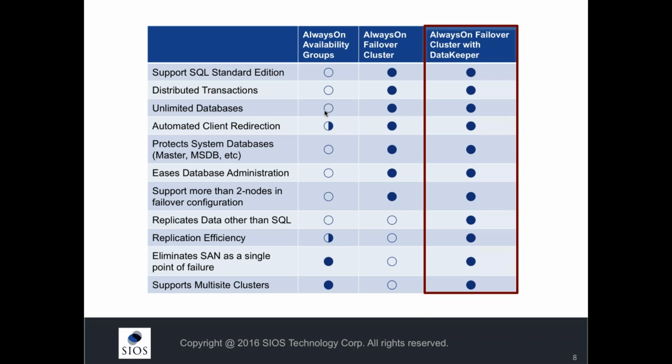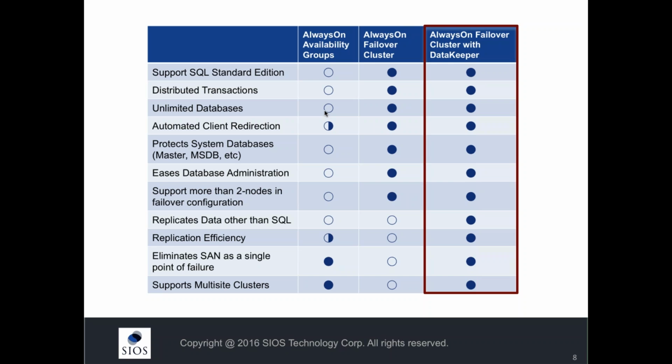But there are a lot of differences, and there are some limitations that you should be aware of. So the first one really comes down to cost. If you do decide to leverage always-on availability groups, that is a feature that is provided with Enterprise Edition. So if you're using Standard Edition of SQL today, you're looking to minimize costs, maybe you're on Enterprise today just for the HA features, but you want to reduce your costs without sacrificing high availability, you want to do this with Standard Edition.